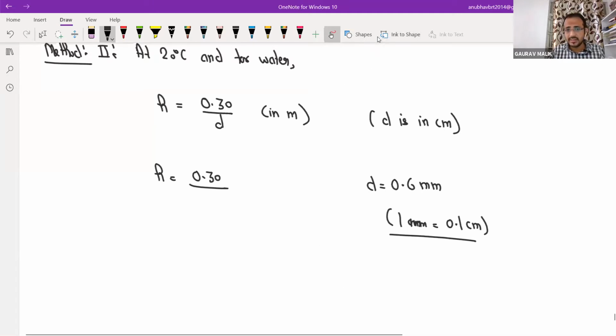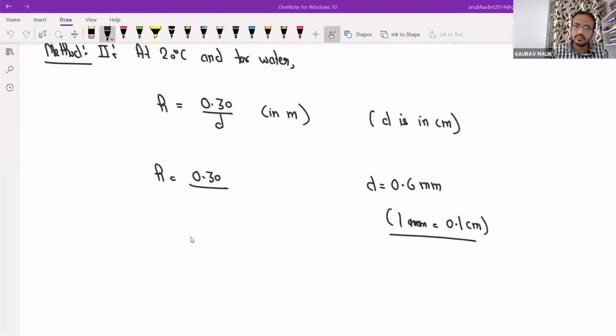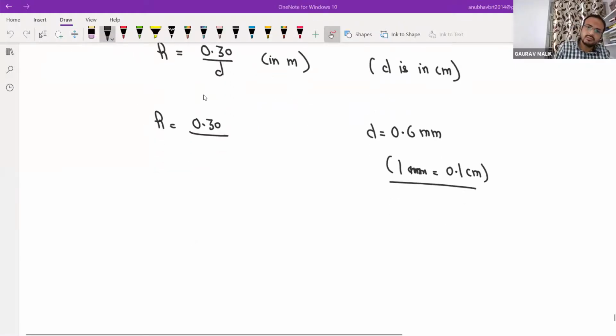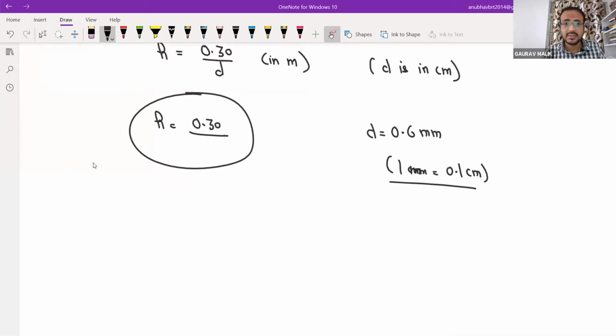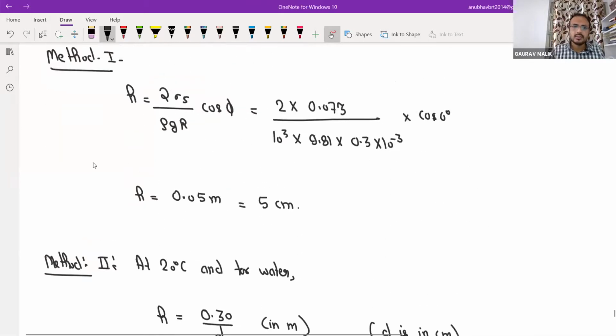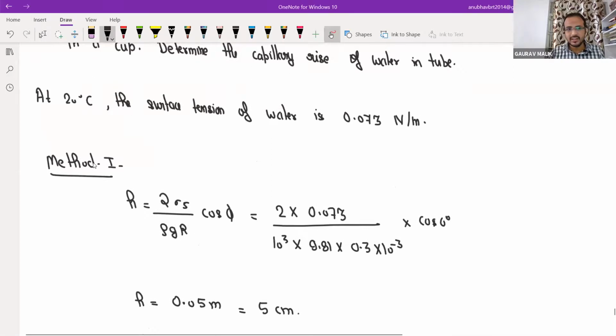Just check, are you getting the same answer? Very good. So you will solve from this also. From both the methods, you will get the right answer.